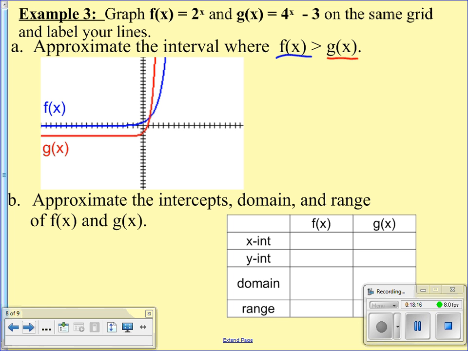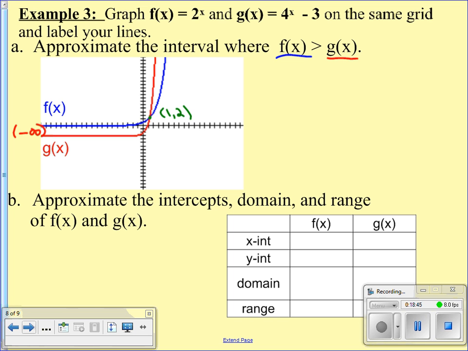So when I look at f of x, it is the blue line. g of x is the red line. They both are coming from negative infinity. As we look left to right, they eventually cross each other at what looks to be 1, 2.